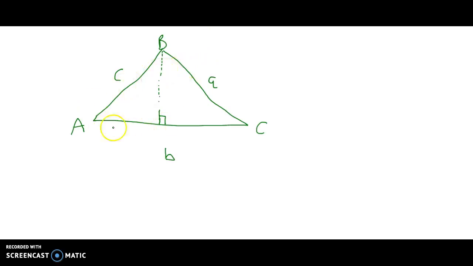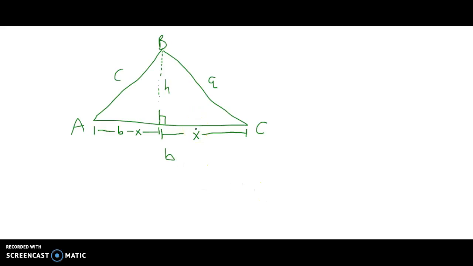I'll call this height h, and I'll call this section x. Because this section is x, I'll call this section b minus x, since this whole thing is b, but we're subtracting x from it.